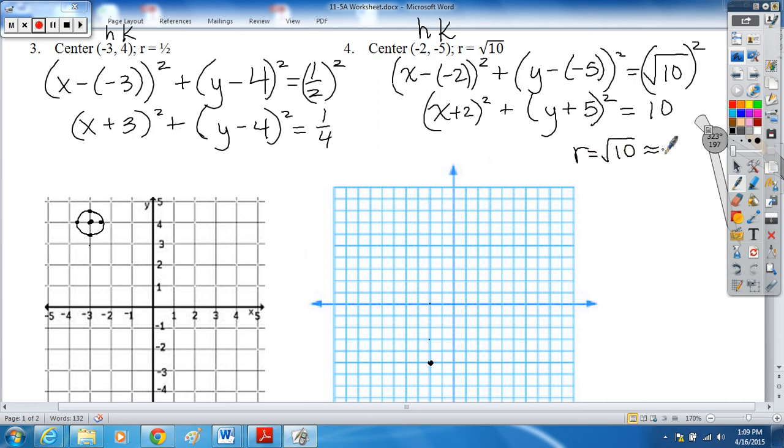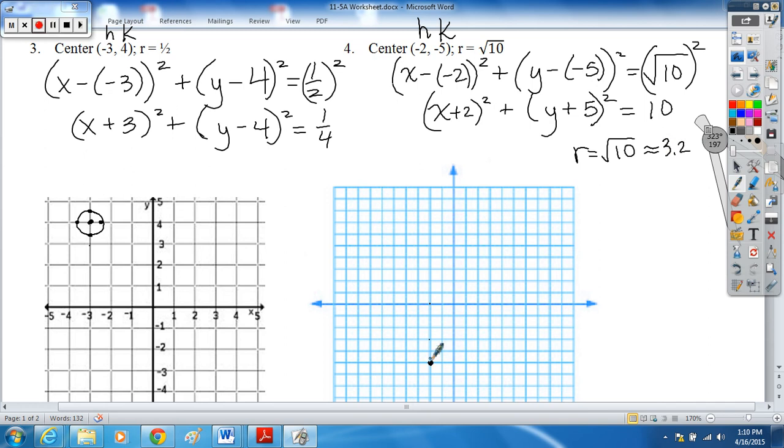Now, you will need to plug that into your calculator, and it's hard to be real accurate when you have a radical that's not a perfect square. So if I take that, the square root of 10 is approximately 3.2. So anything greater than just 3.